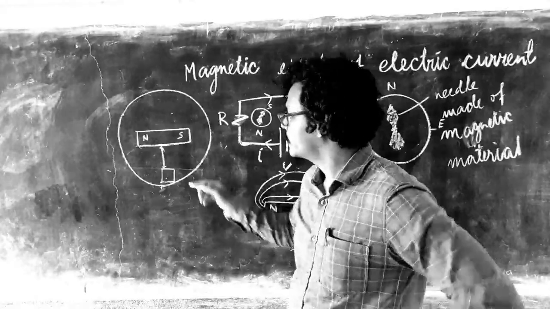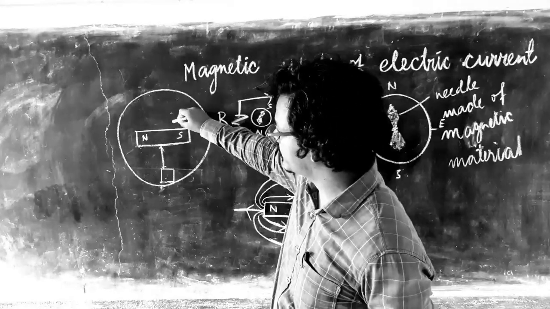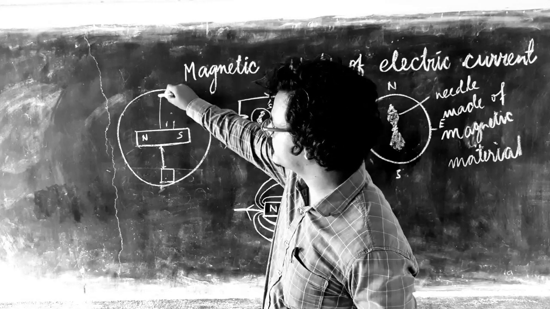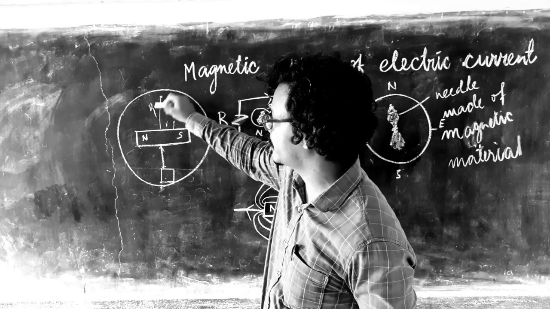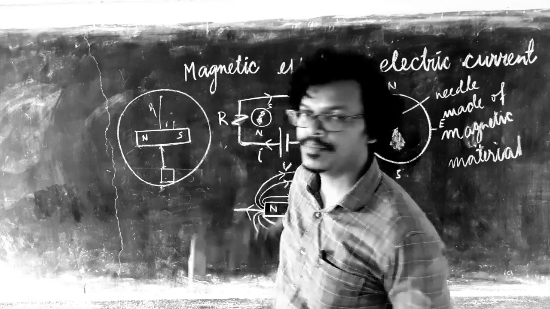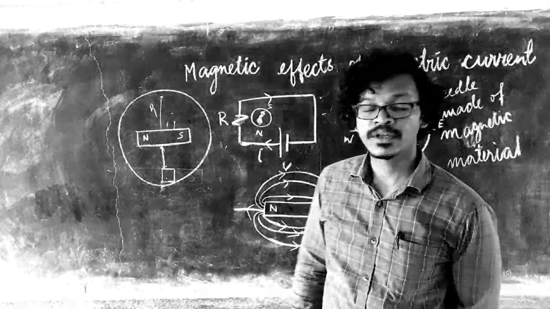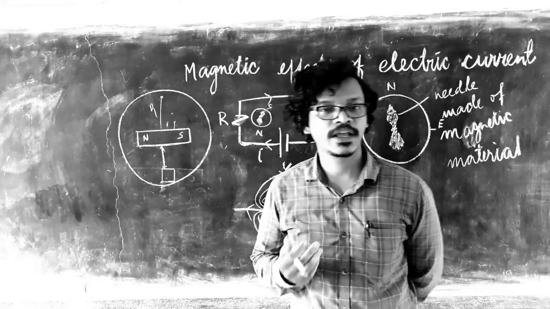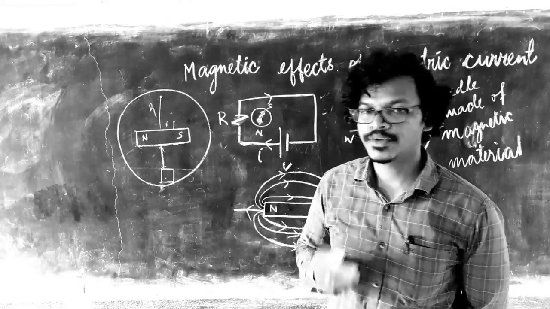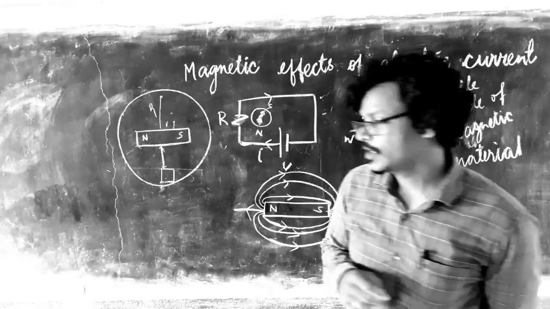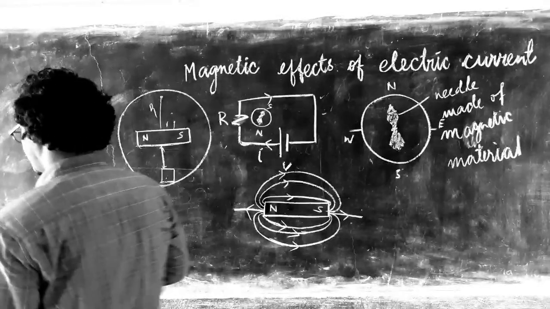How does the magnetic field behave at this point, which is at some distance r, and at this point, which is at some distance capital R? To understand this behavior, we have conceptualized the magnetic field lines concept. So what is the magnetic field and what is the rule of magnetic field lines? Magnetic field lines are imaginary lines.